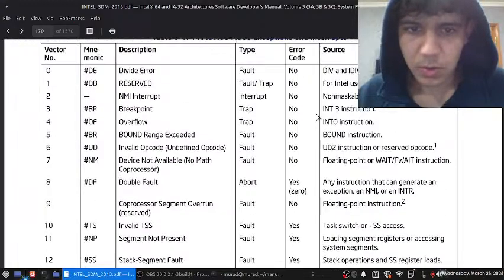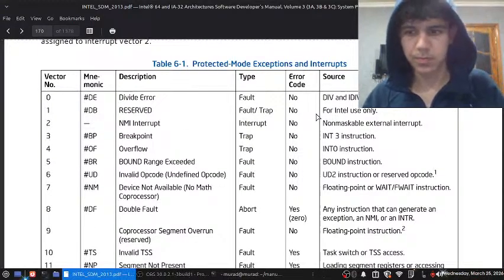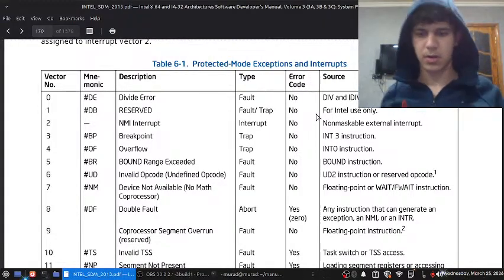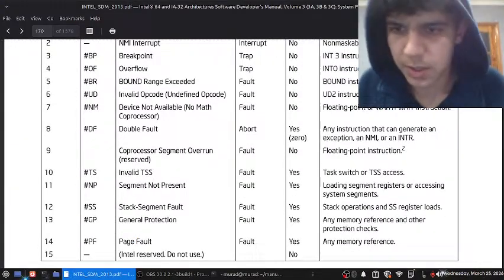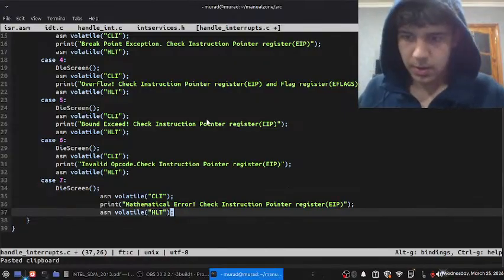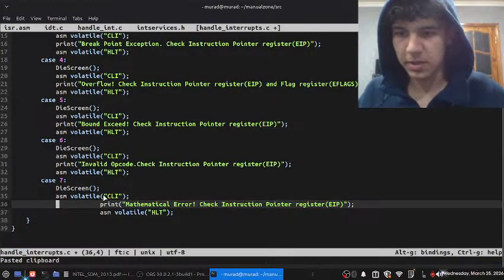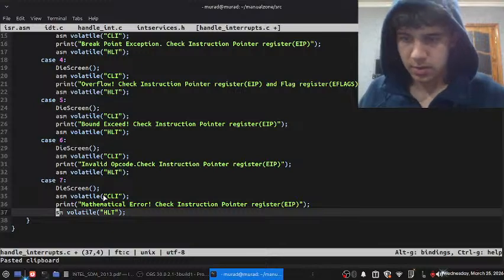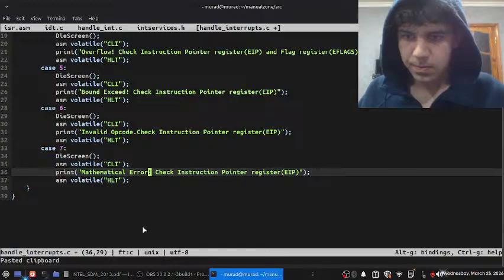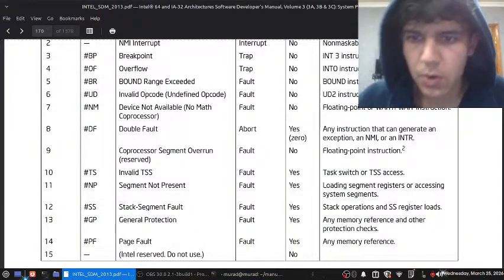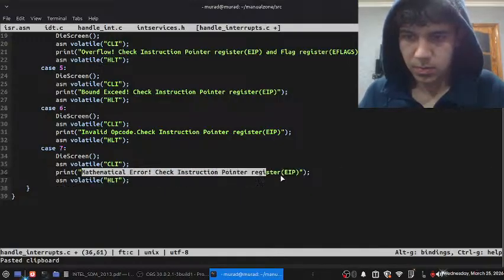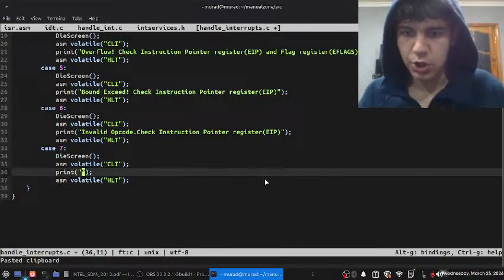Device not available. Here, just copy paste. Wait. Device not available. There is no need. Check your device.